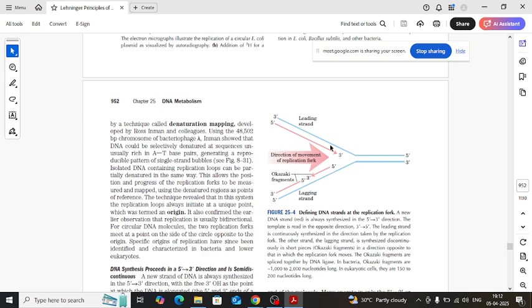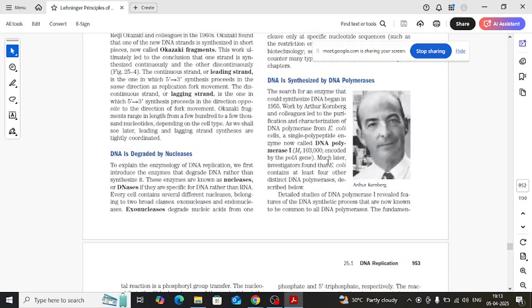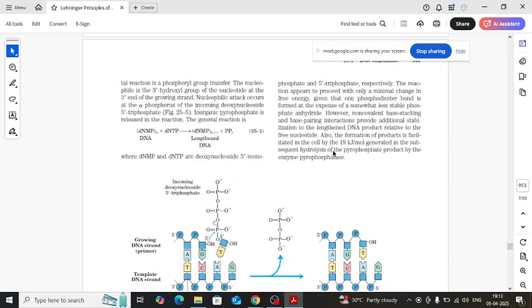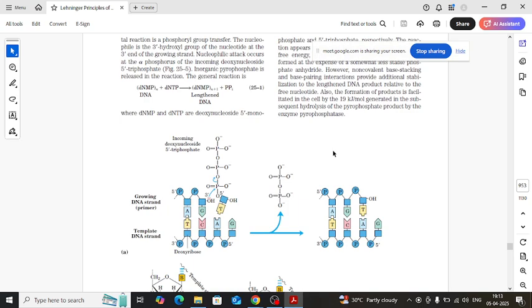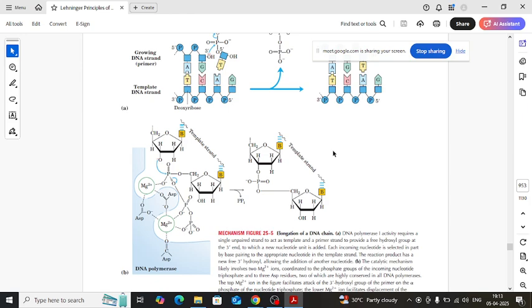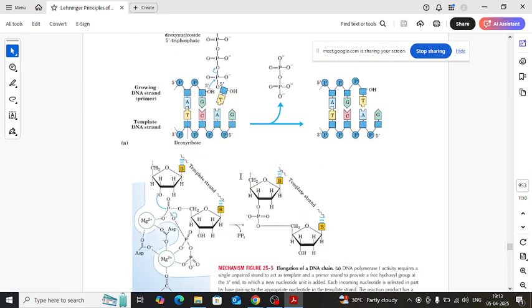So DNA will be gradually denatured, which is called the movement of the replication fork, right? And this DNA is synthesized by an enzyme called DNA polymerase, right? Which will incorporate the dNTPs here.